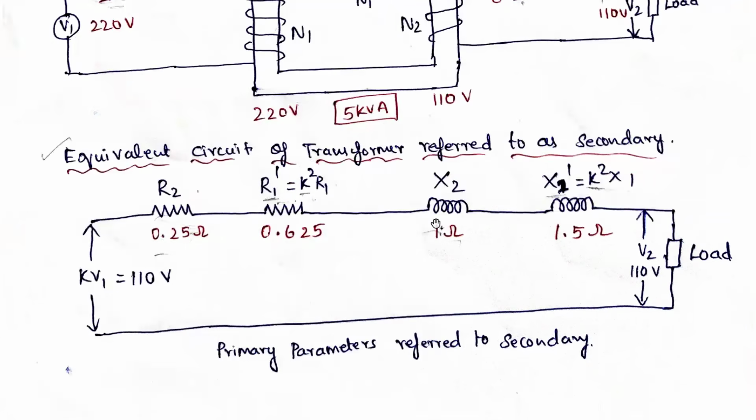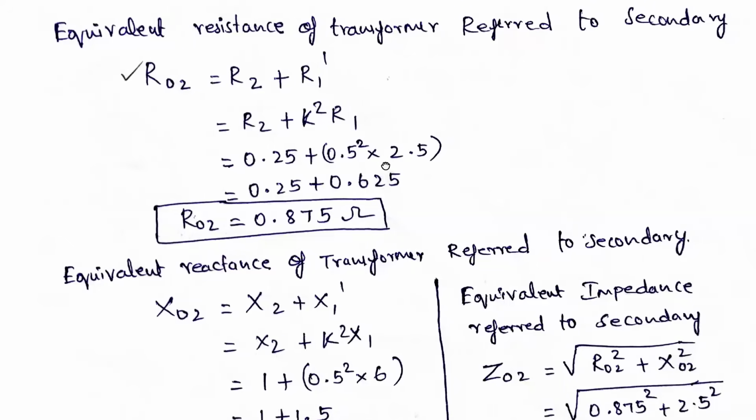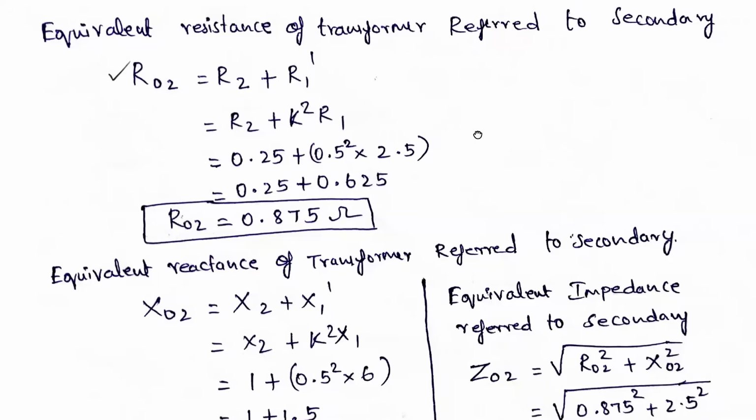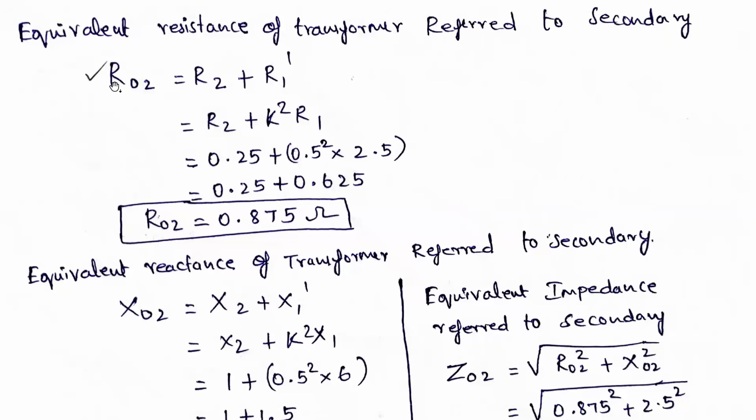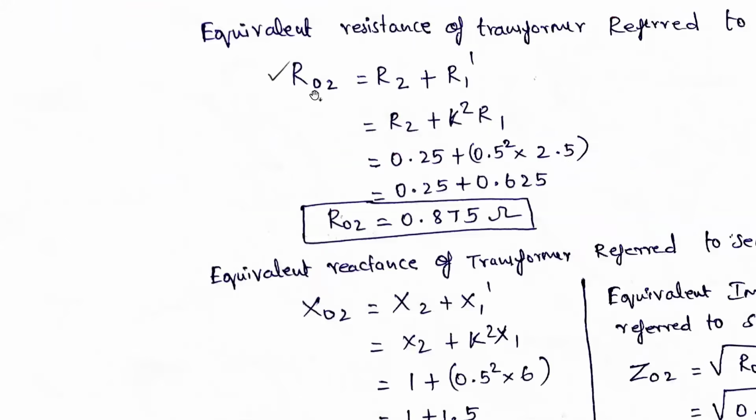Okay, so next, what we are doing is we are calculating the equivalent resistance also referred to secondary. That means R naught 2. R naught 2 is equal to R2 plus R1 dash. That means R2. So what we are doing is we are converting this into 1. So that means R naught 2, that parameters were, so this plus this.